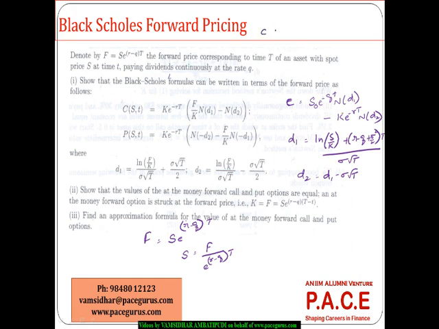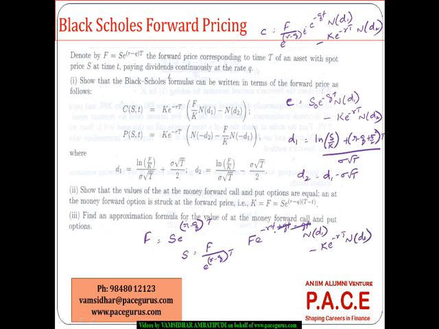So here the price of the call option directly goes as, instead of S, I'll write it as F by e to the power (r minus q) times T, times e to the power minus qT, N of d1, minus K e to the power minus rT, N of d2. If I try to write the expansion of this, it becomes F e to the power minus rT plus qT minus qT, N of d1, minus K e to the power minus rT, N of d2.